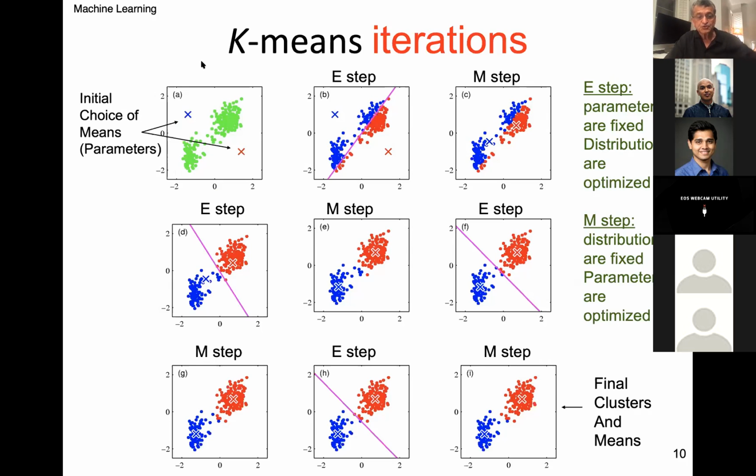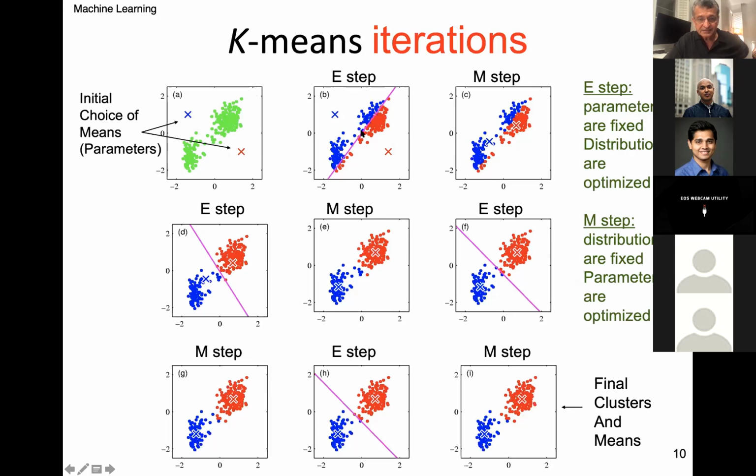And they purposely chose a starting point, this blue X here and the red X here. And if you give that and you perform the E step on it, the E step simply takes these points and assigns them to the closest means. That would be equivalent to drawing a line between the red X and the blue X and drawing a perpendicular bisector to that.